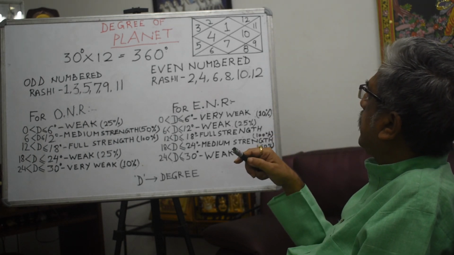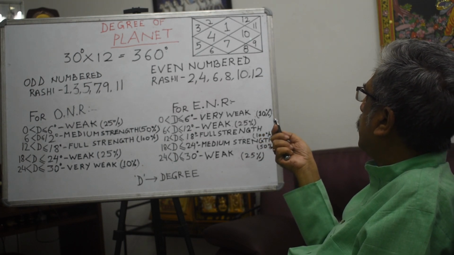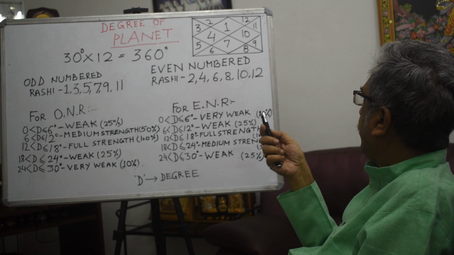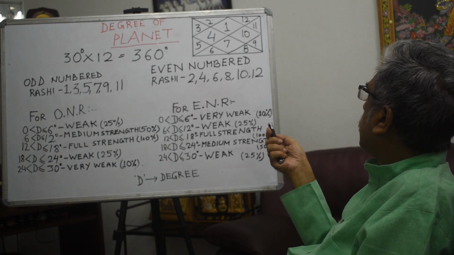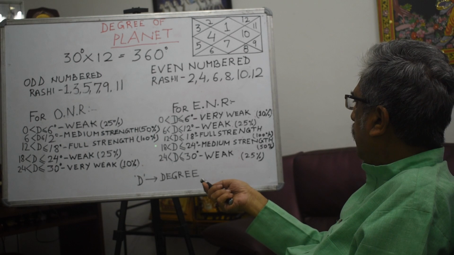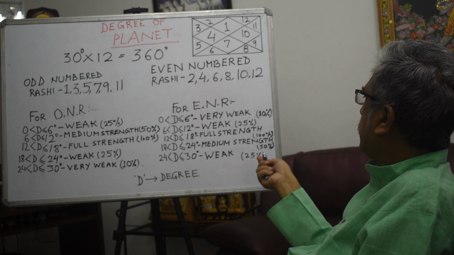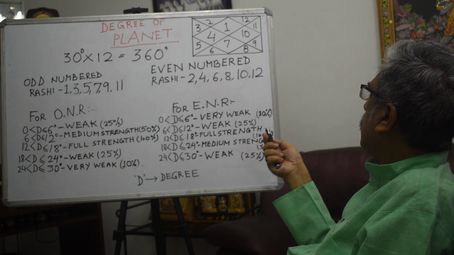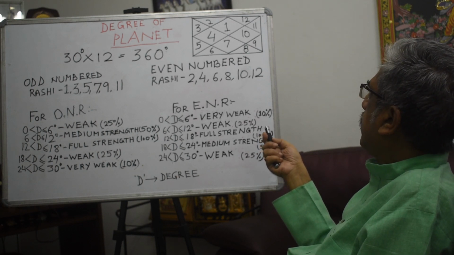Another aspect is if Rahu is placed in any house, I mean any Rashi. Suppose Rahu is placed in Scorpio Rashi at 15 degrees. Now 15 means 100% result. So Rahu is placed in a Scorpio Rashi with 15 degrees strength.